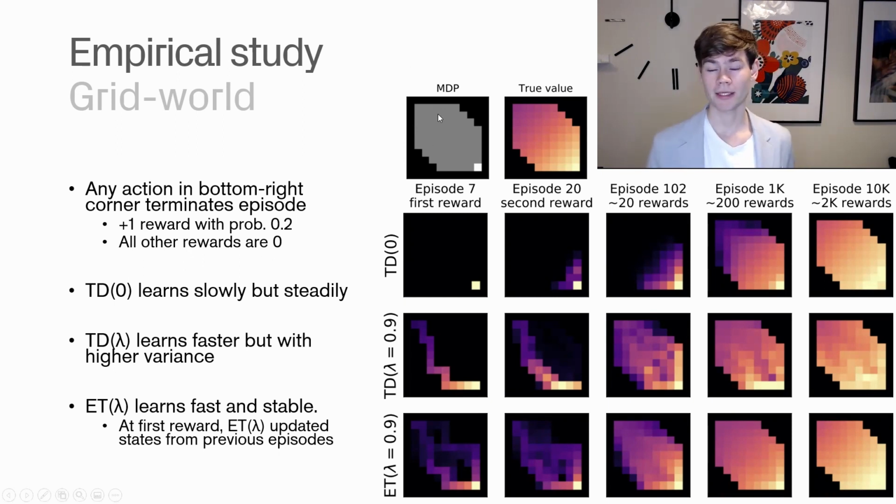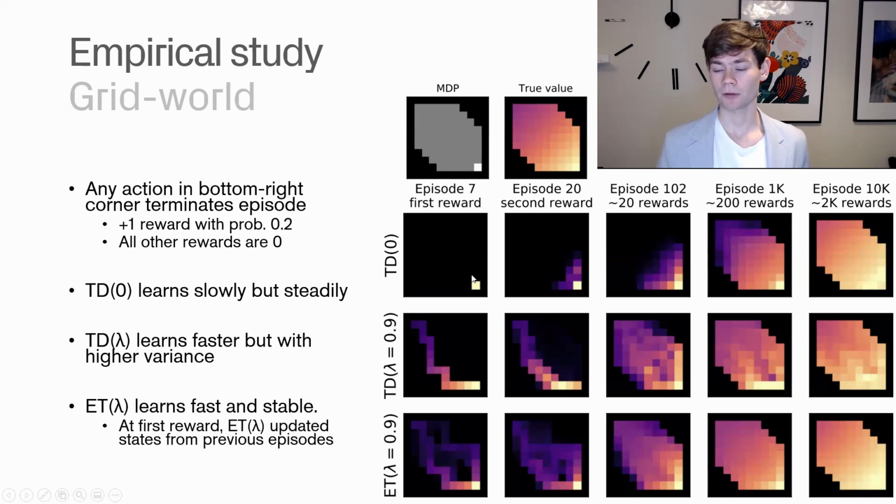So if we look at the actual value function, we can evaluate the exact value function in this case, and it looks something like this. And they did a comparison between the different algorithms that we're comparing in this study. So first of all, we can see TD0 up here, then TD lambda here, and then ET lambda at the bottom.